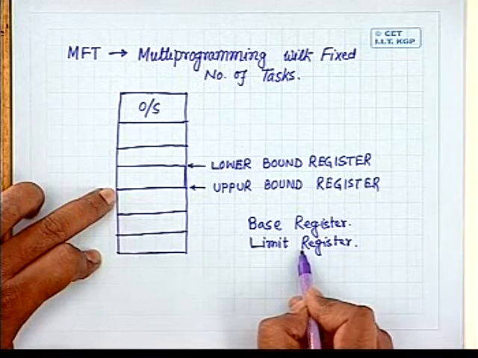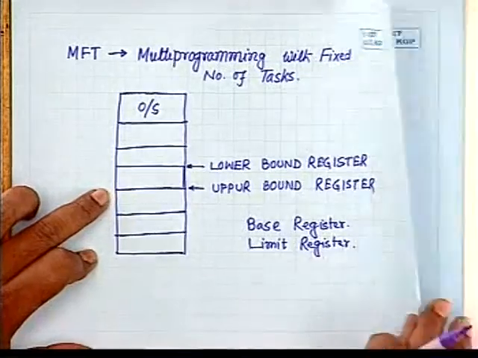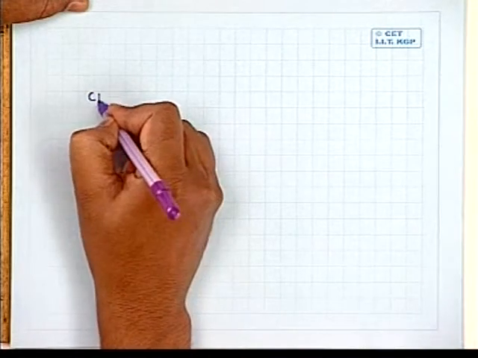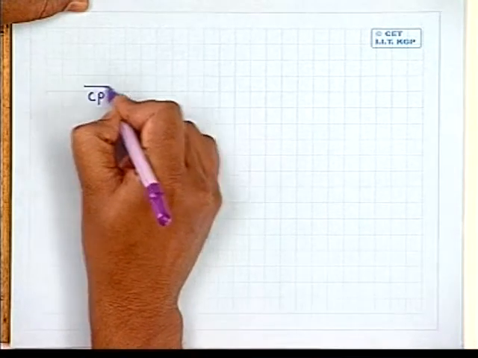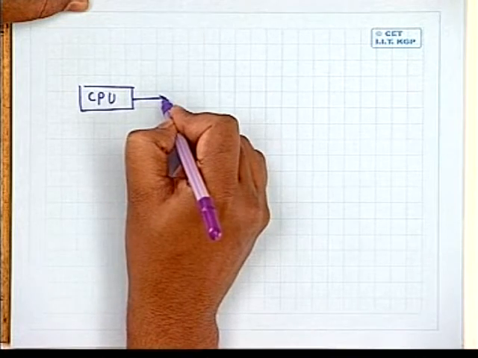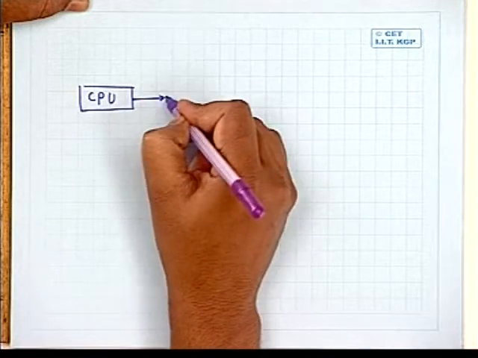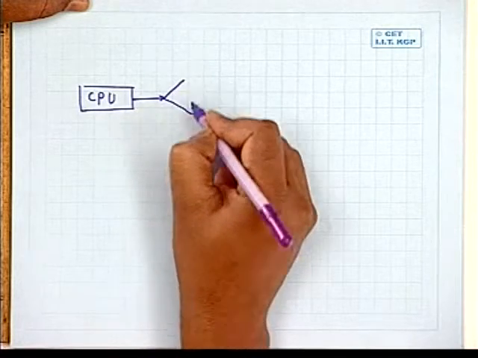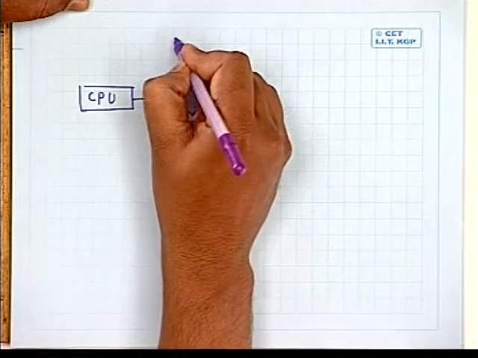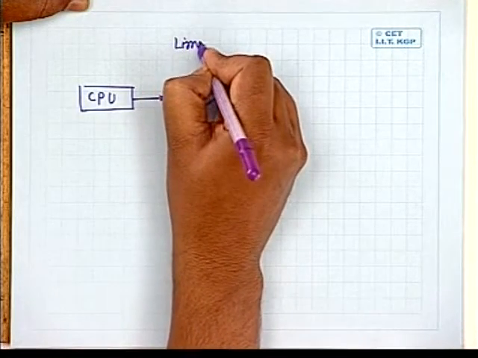So now this comparison can be converted in this form: whenever the CPU generates an address, you compare this address with the limit register content. The address has to be less than or equal to the limit register.